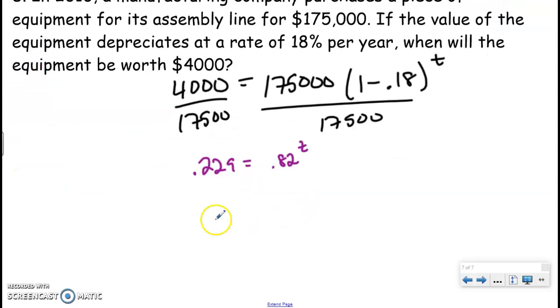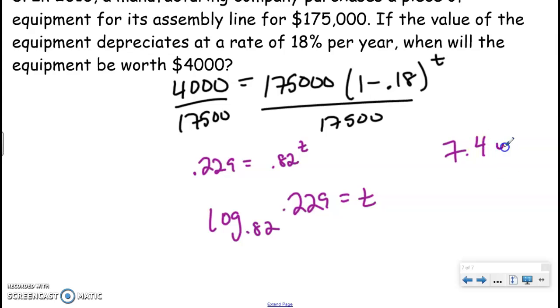Okay, so log base 0.82 of 0.229 equals t. And we get about 7.4 years.